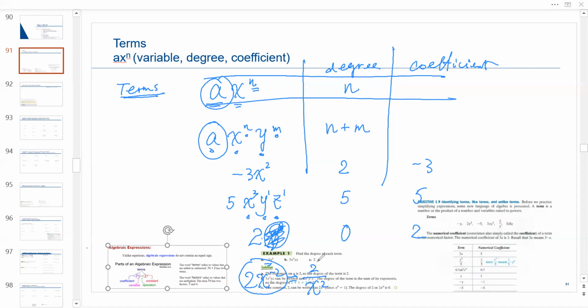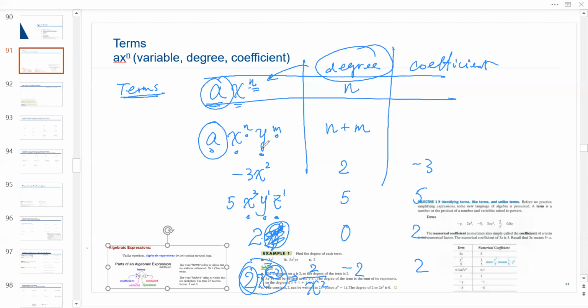We didn't talk about this, the degree is 2. But actually the degree is -2. Coefficient is 2, right? Degree is -2. So degree actually comes from the exponent.